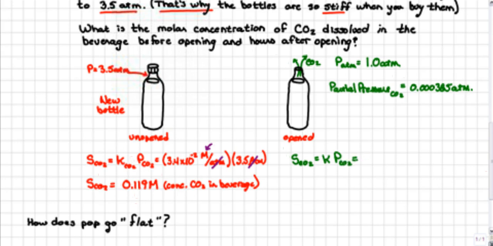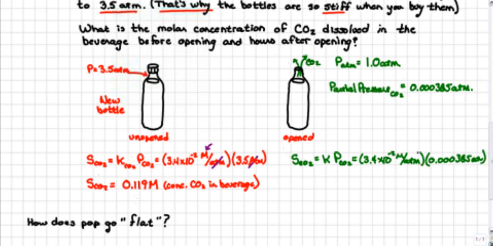Okay? The numbers, though, are quite a bit different. We've still got the same 3.4 times 10 to the minus 2. This is the Henry's gas law constant in units of molarity per atmospheres. But now, the pressure of the carbon dioxide for this open bottle of soda, we have 0.000385 atmospheres.